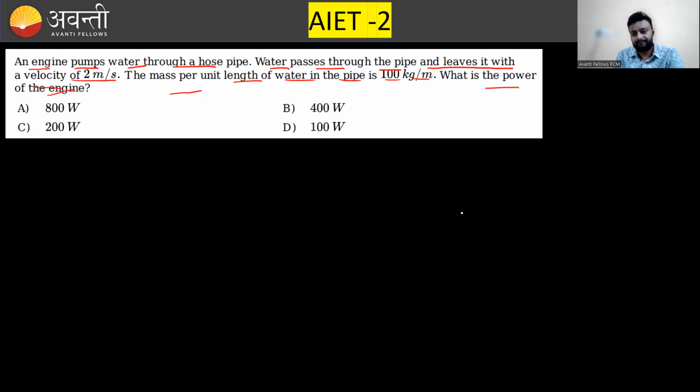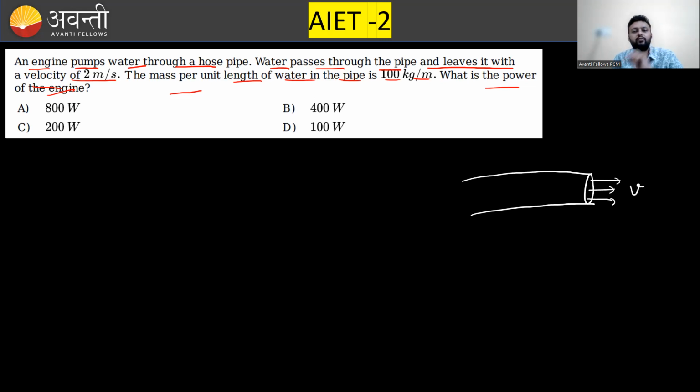So let's draw it. Let's suppose there is a pipe. This is a pipe. From this pipe, some water is coming with a certain velocity.